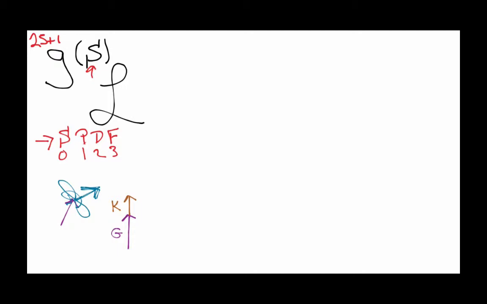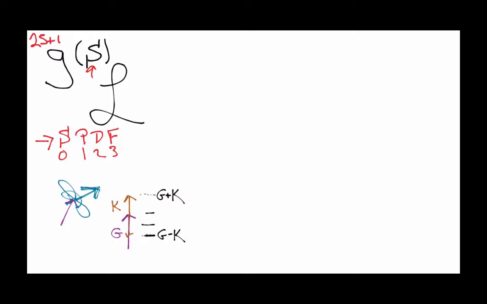Then when you add those together, the limits of the possible values go from G plus K, the sum of the two, as the maximum value you can possibly get, and G minus K as the minimum value you can possibly get. Typically where people make mistakes here is that they forget that you don't necessarily go all the way down to 0. G minus K, if they're not the same size, is not going to be 0. There's going to be a minimum value of this sum, and the maximum is adding them together, which is not too terribly difficult.